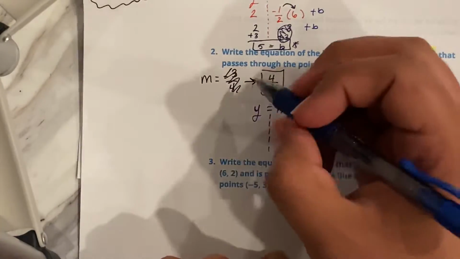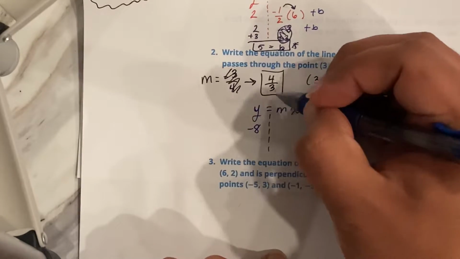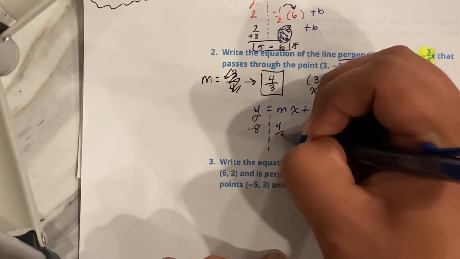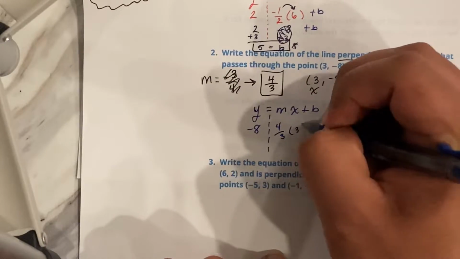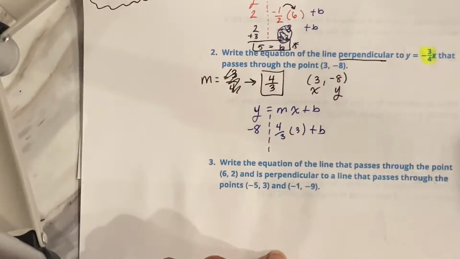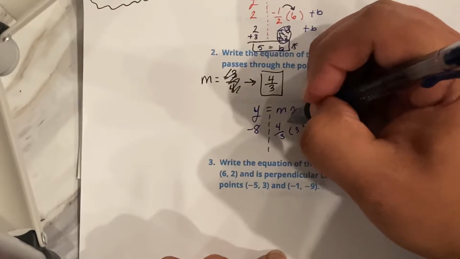Replacing y with the guy given. New slope. X given. And we start rocking and rolling.